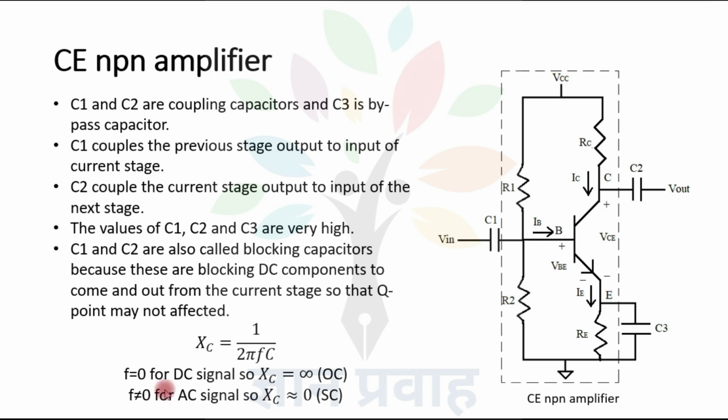And for AC analysis, f is not equal to 0 and value of C is very high. It means Xc is approximately equal to 0 and it is showing short circuit or simply providing input to this DC biasing circuit and output from this DC biasing circuit. C3 is called bypass capacitor.